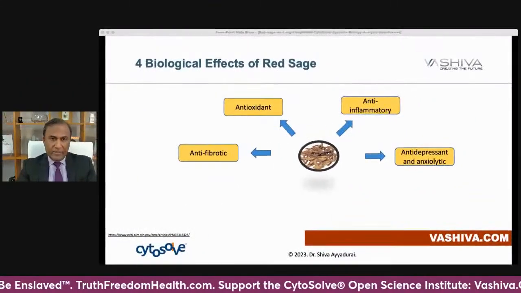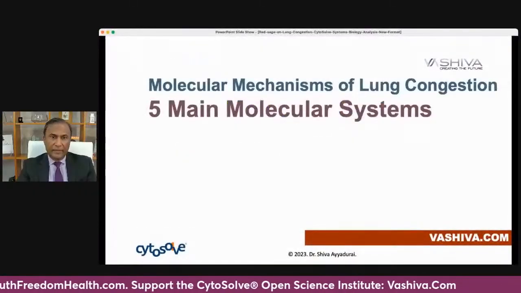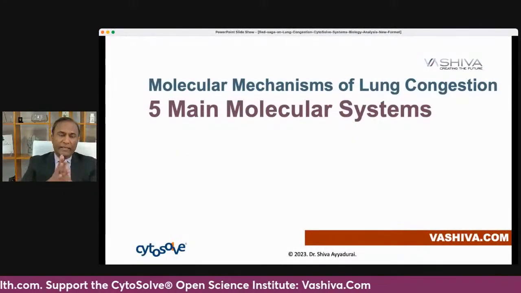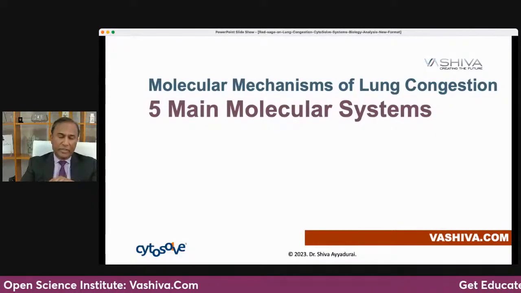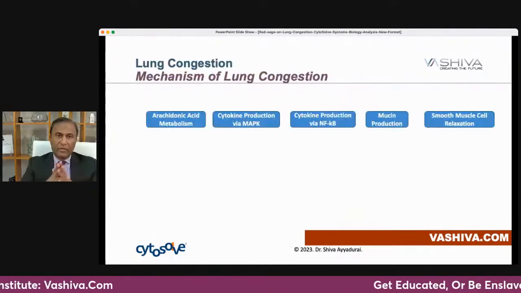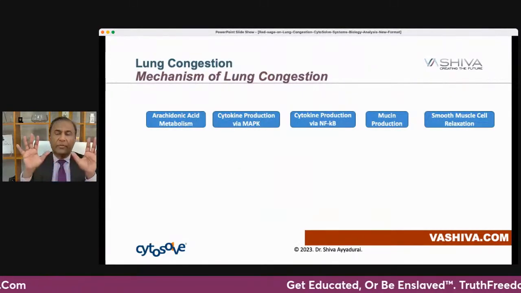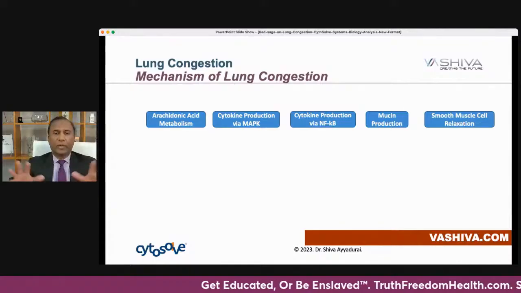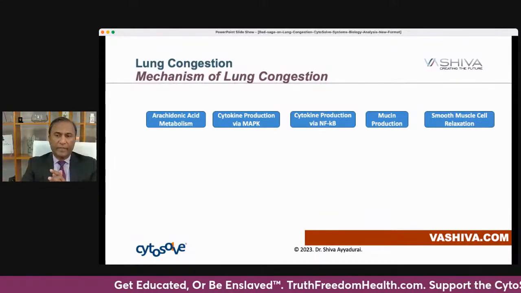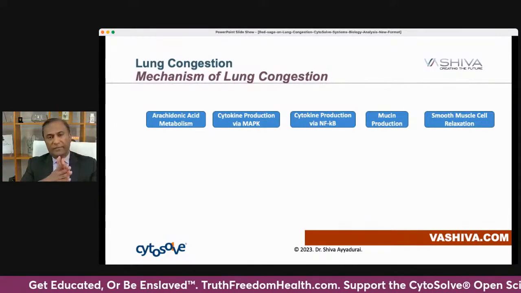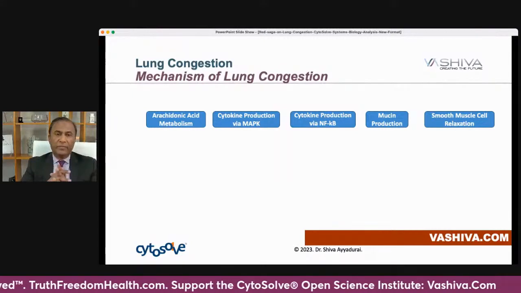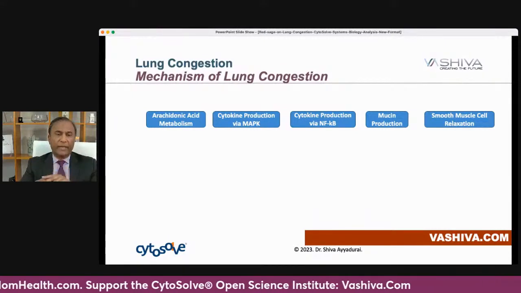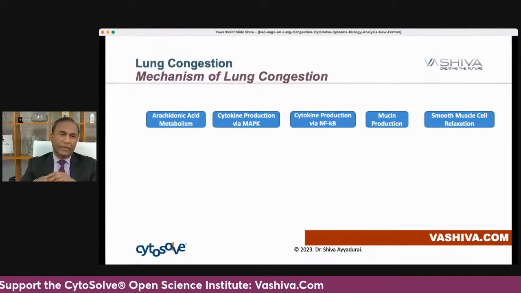So let's continue our discussion. Now we're going to get into the 5 main molecular systems in lung congestion. So here are the molecular mechanisms. We're zooming in on what happens when you get lung congestion. You don't have to know all this, and you can obviously review this video, but there are actually molecular mechanisms, which are systems of molecular reactions.